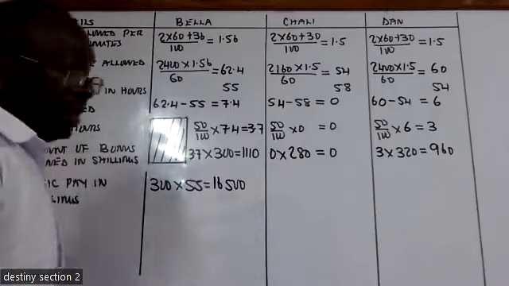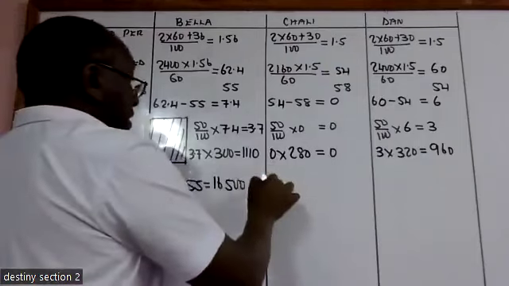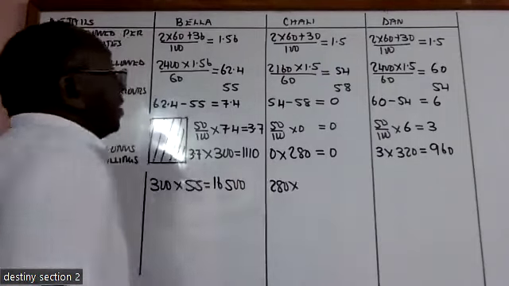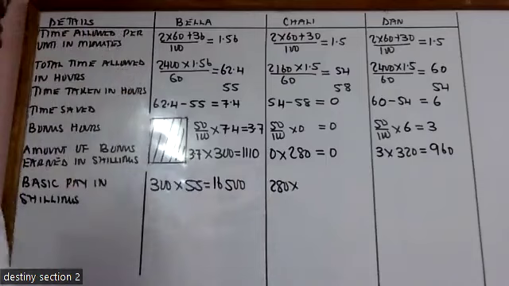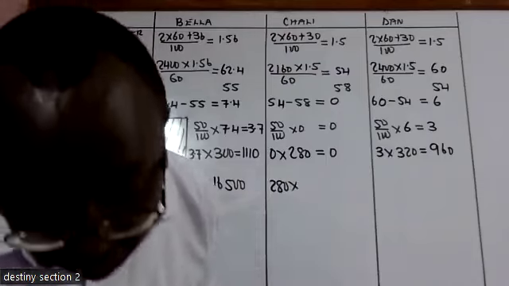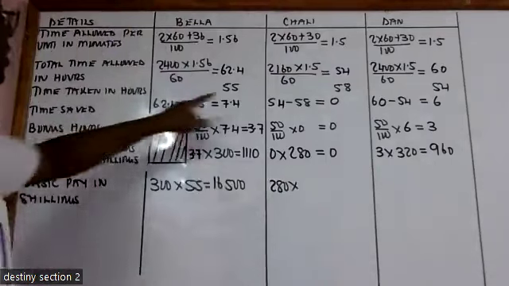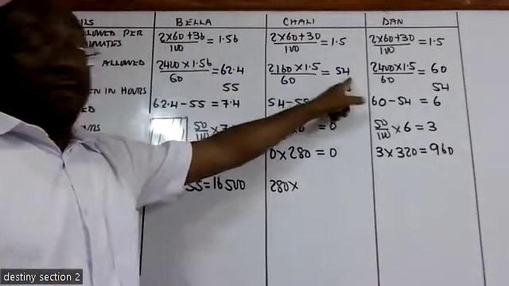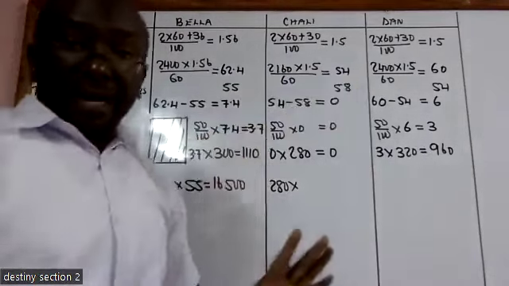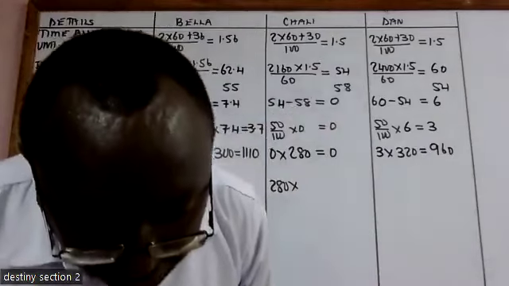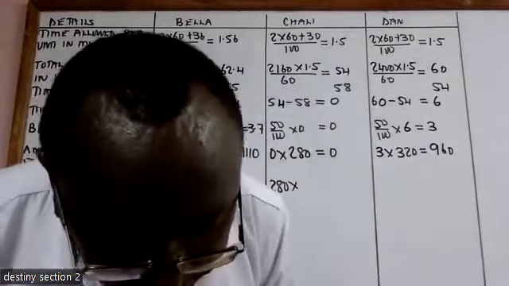Ukikuja kwa Charlie, his basic rate is 280. But you see the time taken, he took 58 hours. But alikuwa amekubaliwa 54. Now the terms are, the maximum you can be paid is just the time that has been allowed.